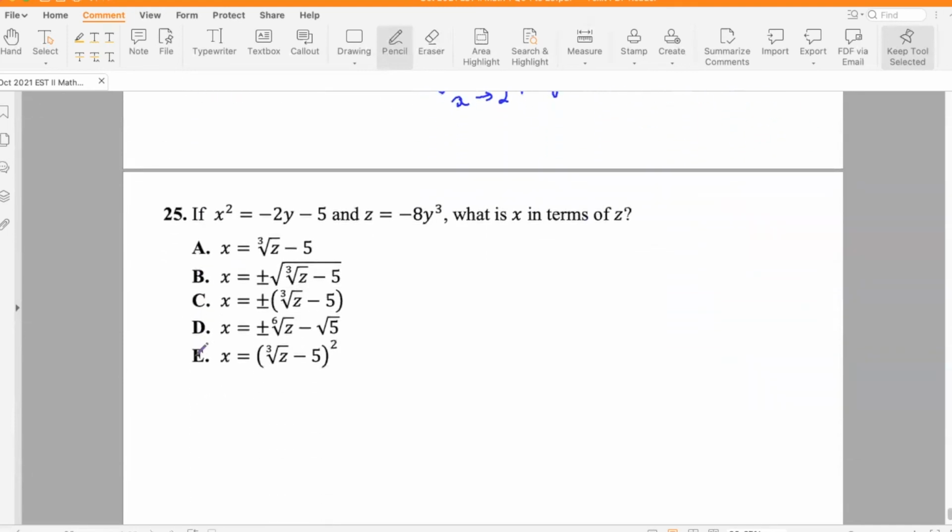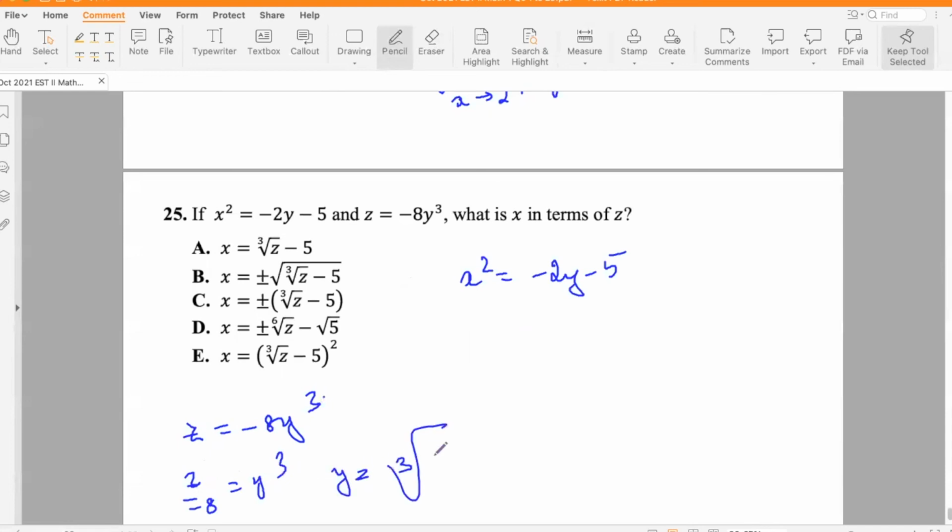If x squared is this and z is this, what is x in terms of z? Okay. So x squared is minus 2y minus 5. And from this, z is minus 8y cubed. So z by minus 8 is y cubed. So y is the third root of z by minus 8, which is the third root of z, divided by minus 2.